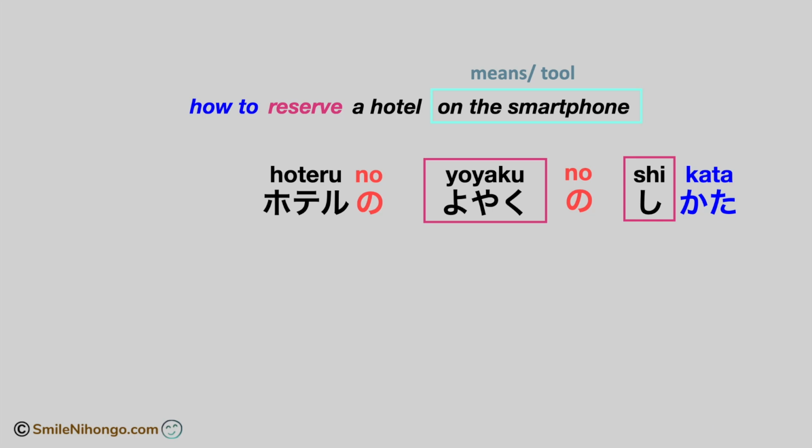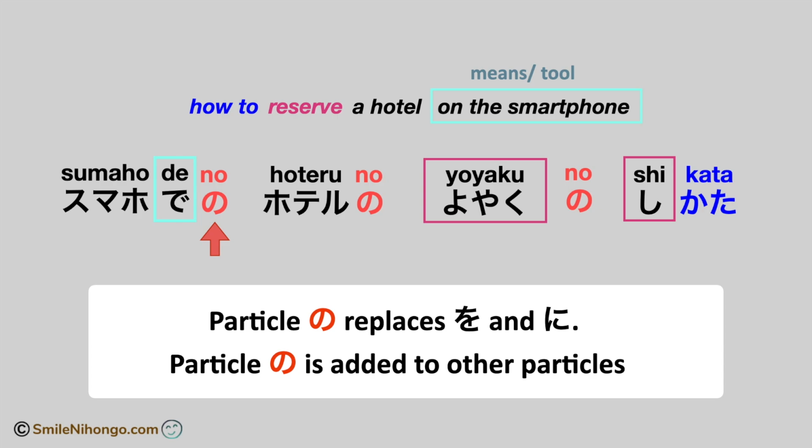So here you have to say スマホで, meaning by means of the smartphone. We want to add this part to the phrase how to, kata, and this is how you do it. You add the particle no here. This time, no doesn't replace で but has to be added to で. Why? Because the particle で is neither o nor ni.